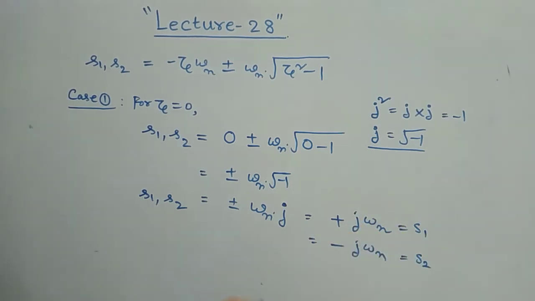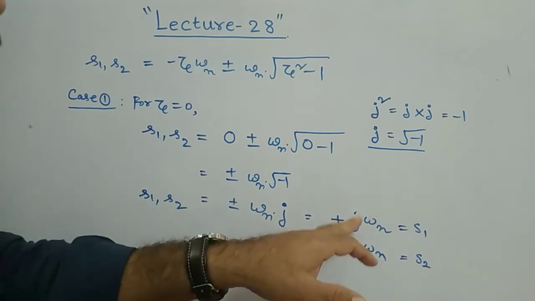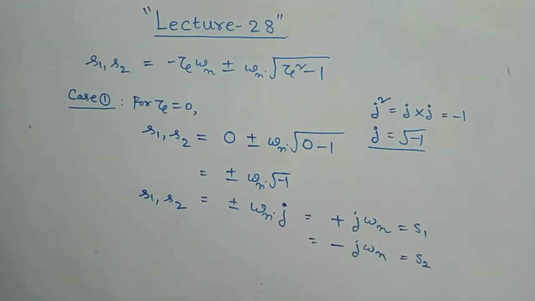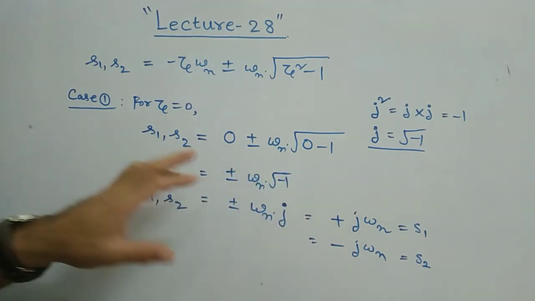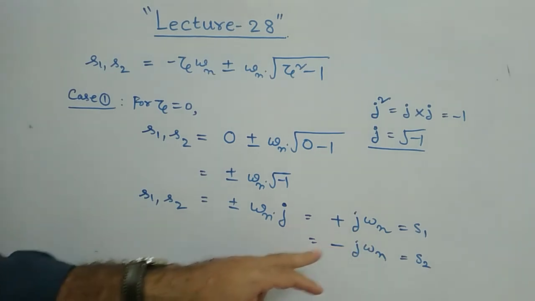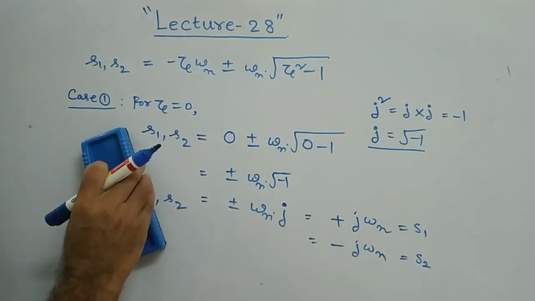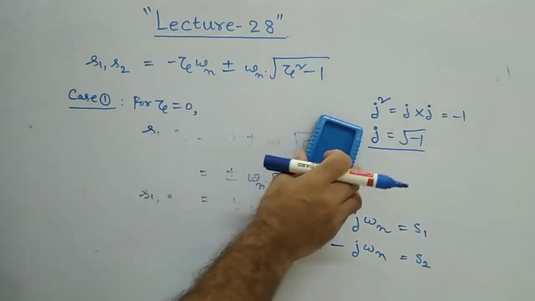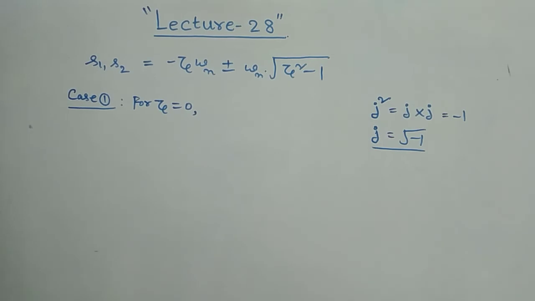Two roots. If you observe these two, what can you say from here? The roots are purely imaginary. Therefore, for an undamped system, we can conclude that the roots are purely imaginary. That is the condition.